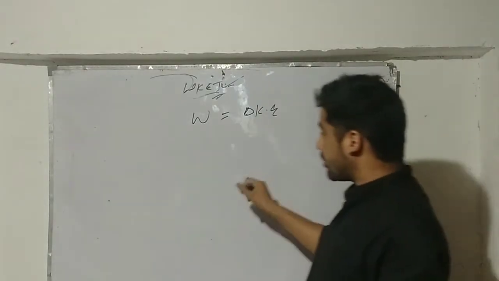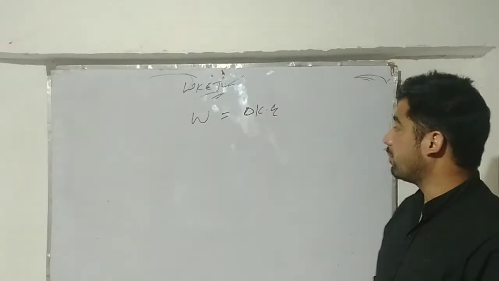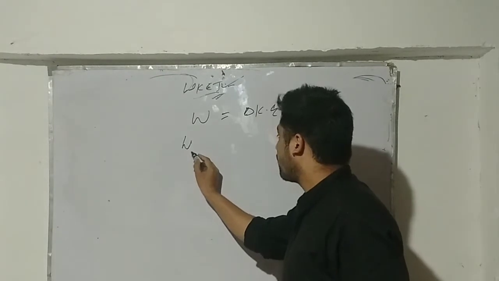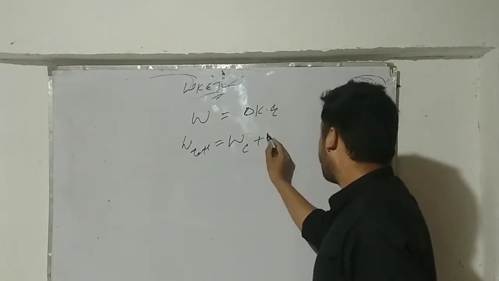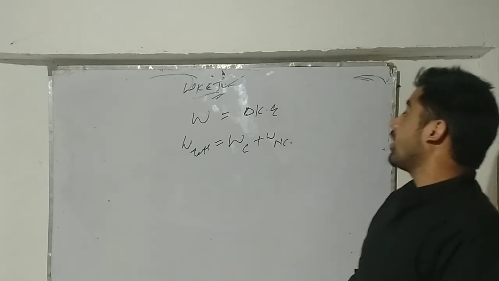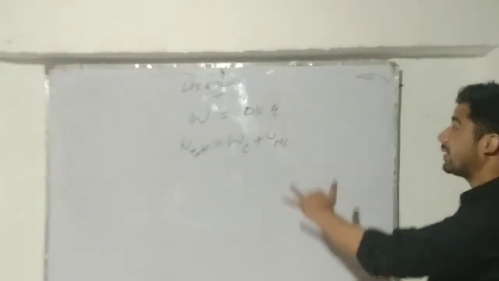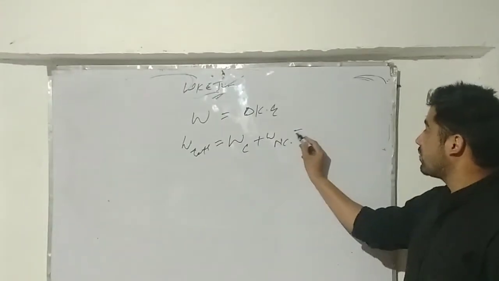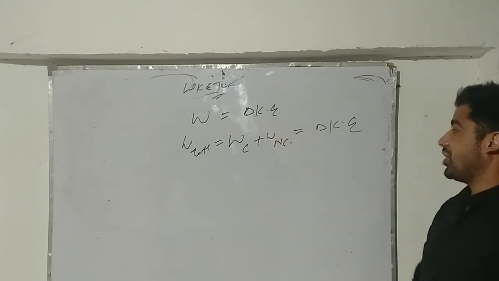Now, if the system is acted upon by both, meaning the work done by all forces or the total force, they may be conservative or non-conservative. If my system is acted upon by two forces, one conservative and another non-conservative, under this situation again I will have this change in kinetic energy.